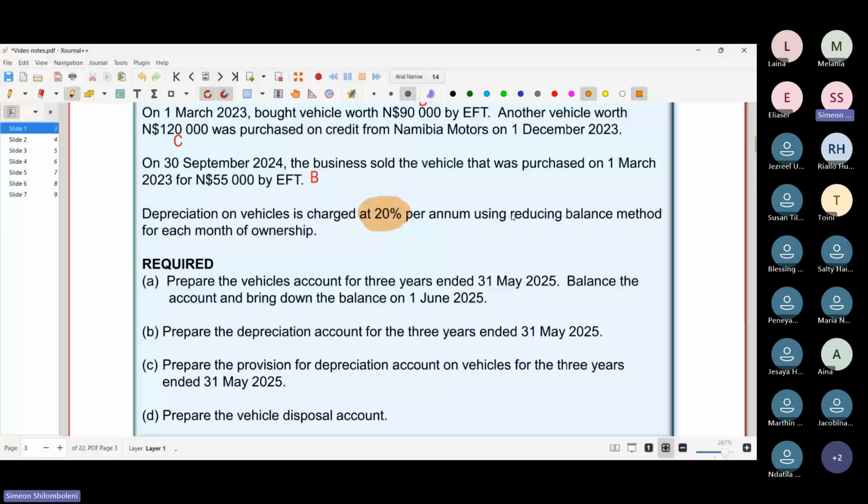This one, I'll give it a different color. For each month of ownership, this statement here is the one that we call the depreciation terms. That means for every vehicle, you make 90,000 times 20 divided by 100 times the months of ownership over 12. Now I'm just explaining in general, then we'll go to the calculations themselves.